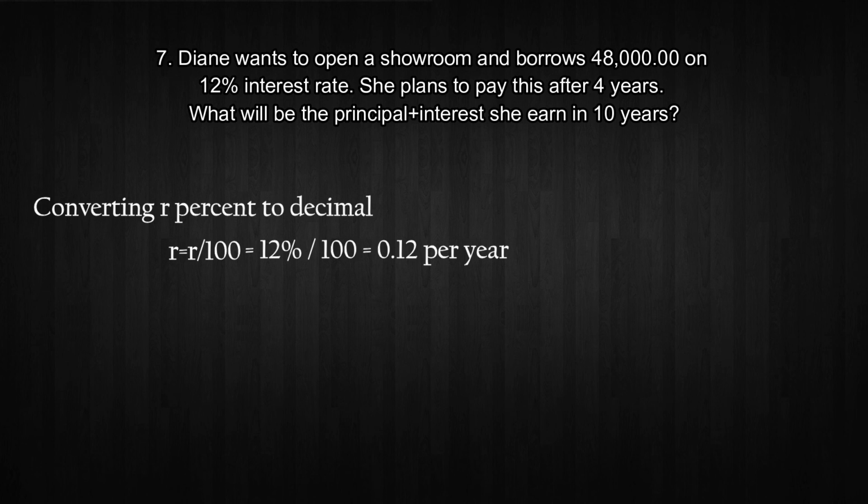The simple interest accumulated on a principal of 48,000 at a rate of 12% per year for 4 years is 23,040, or principal plus interest will be 71,040 she will pay in 10 years.